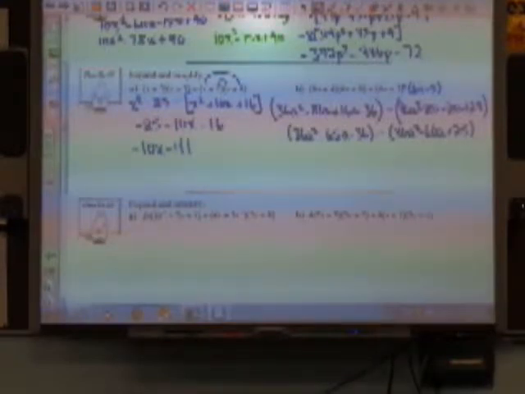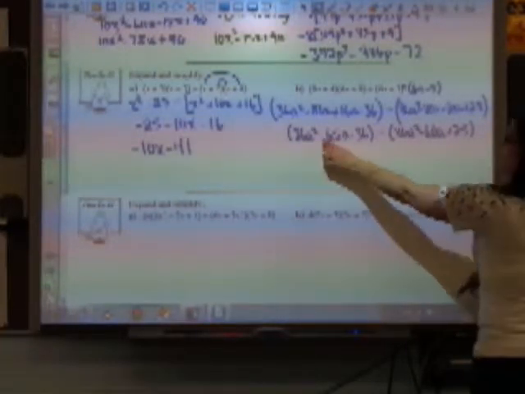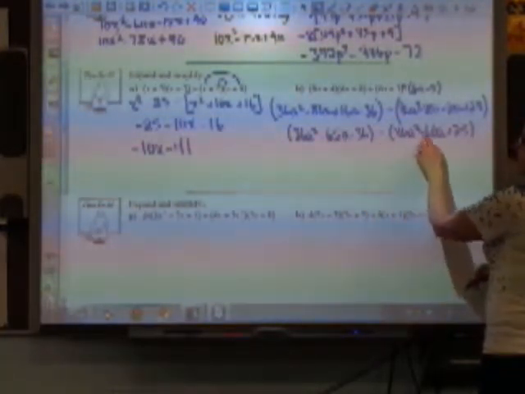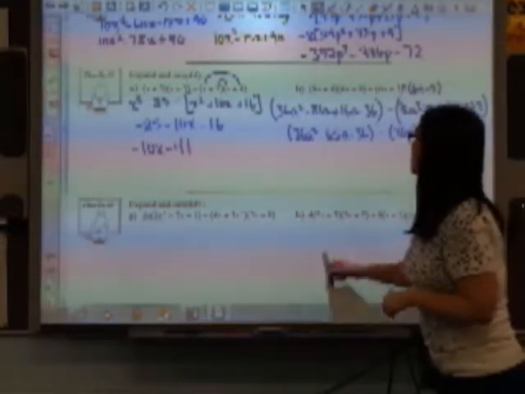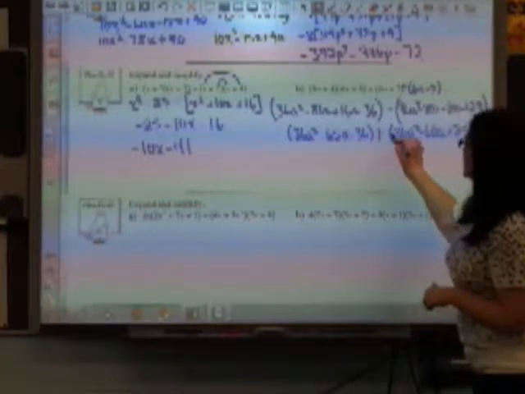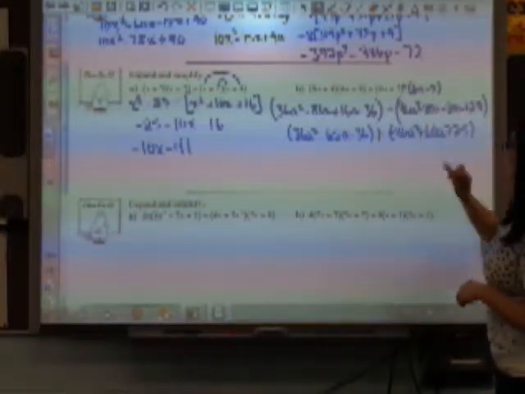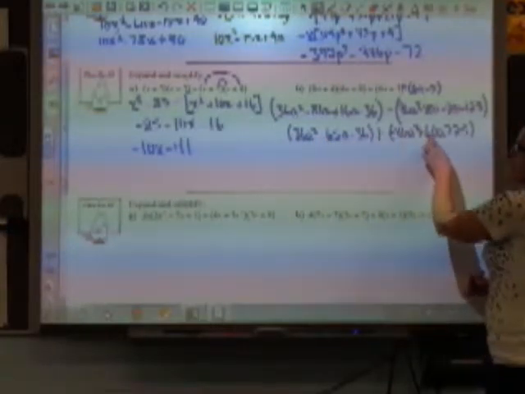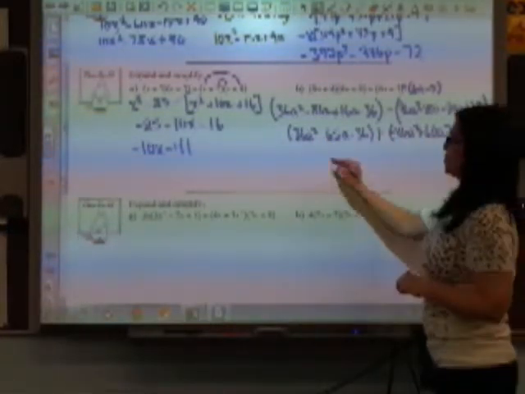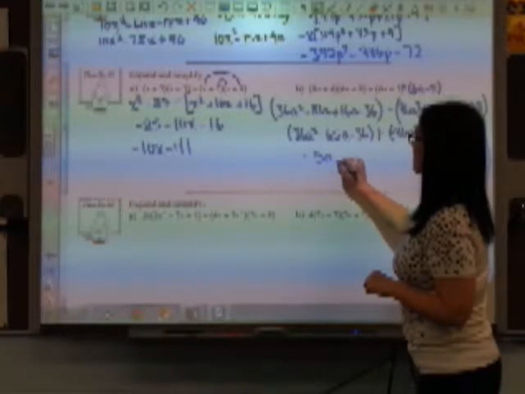So 36a squared minus 36a squared would be 0. Negative 65 minus negative 60. So if I think of this as adding the opposite, this becomes a plus, negative, plus, negative. So this is the same as negative 65 plus 60, which would leave me with negative 5.